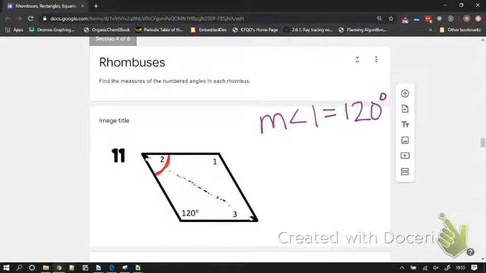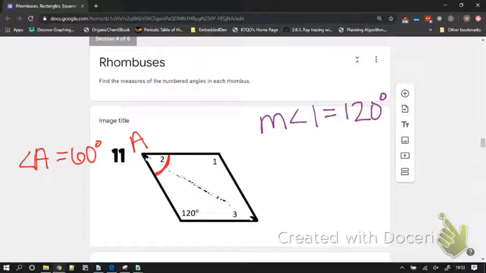Okay, consecutive angles are supplementary. So what that means is that this whole angle, I'll call it angle A, would have to equal 60 degrees. So these are supplementary if they're consecutive inside any parallelogram.